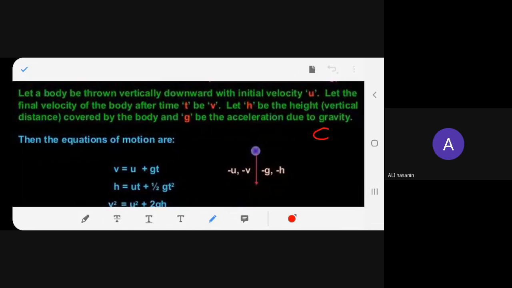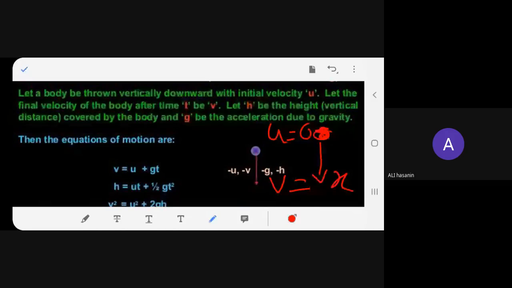Now this is the body. It's been thrown down. So what is the initial velocity? u is equal to 0. Agree? The initial velocity is 0 because I'm holding the ball, right? Then it gains some velocity, any velocity, 2 meters per second, 2 kilometers per second.